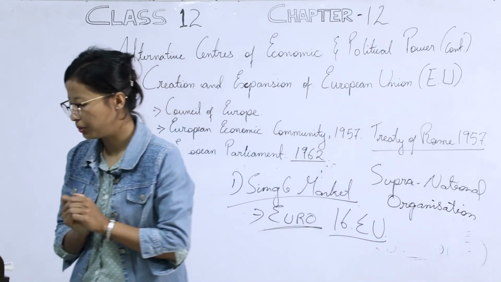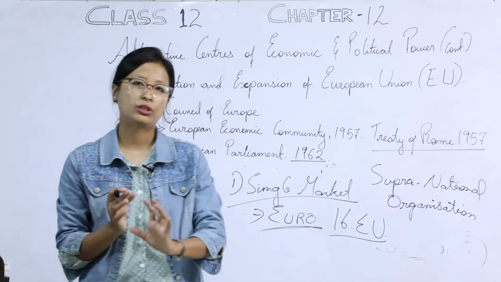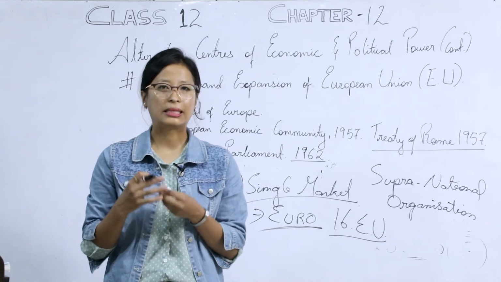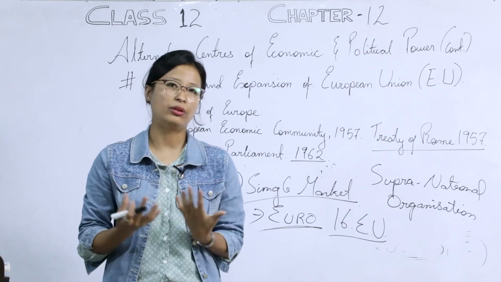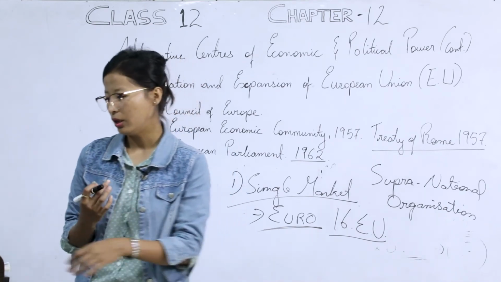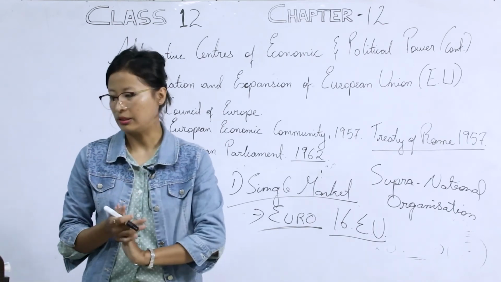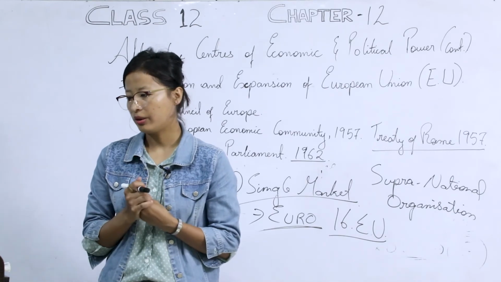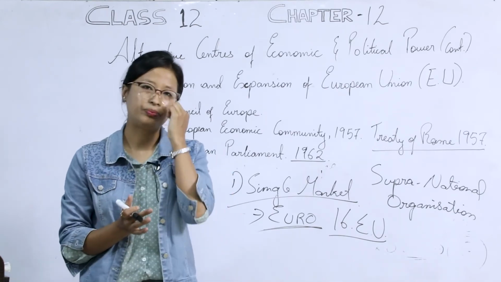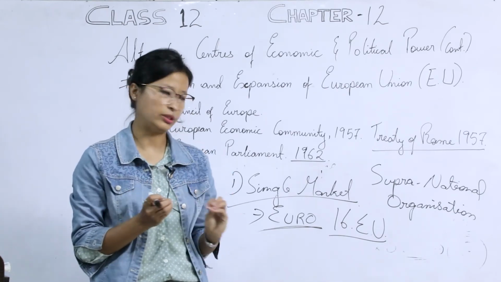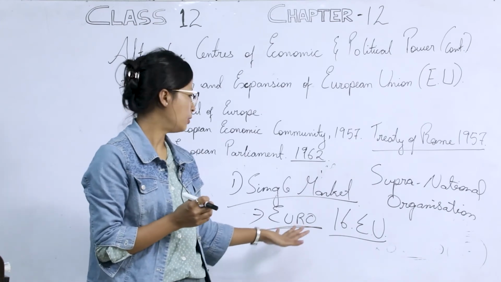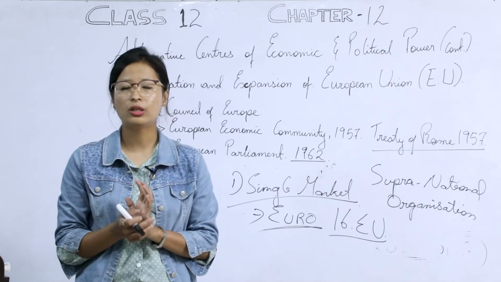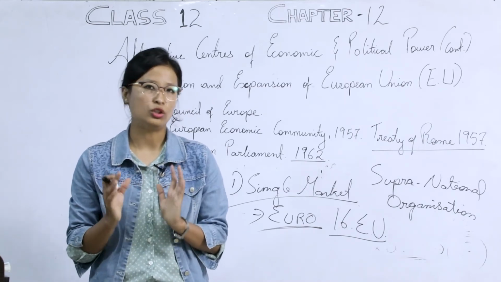It refers to those organizations where their power or influence has an impact even beyond their national boundaries. All right. For example, the European Union currency, that is euro, having been used by over 16 countries, poses a threat to the US supremacy of the dollar.